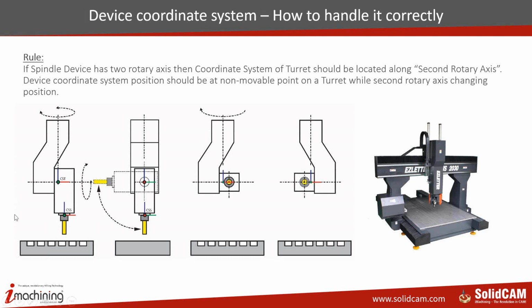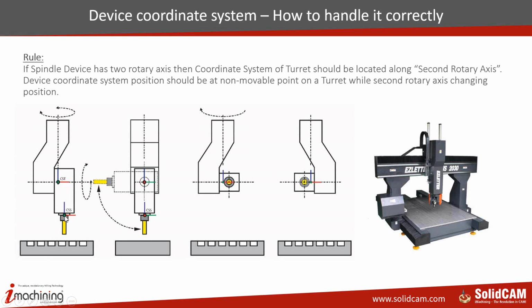So this is the reason why. Here, we are along the second rotary axis. Of course, in this example it's also in the same direction as the first one, but that's not really necessary. It's just really important to be along the second rotary axis, and that's it.